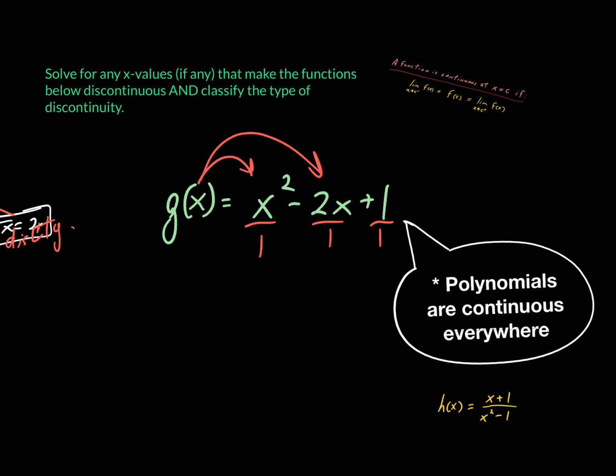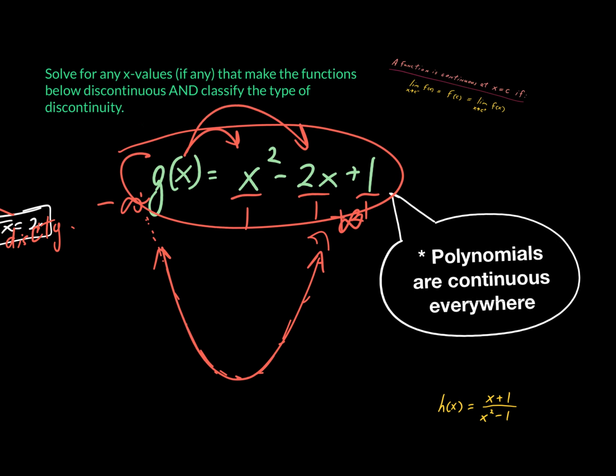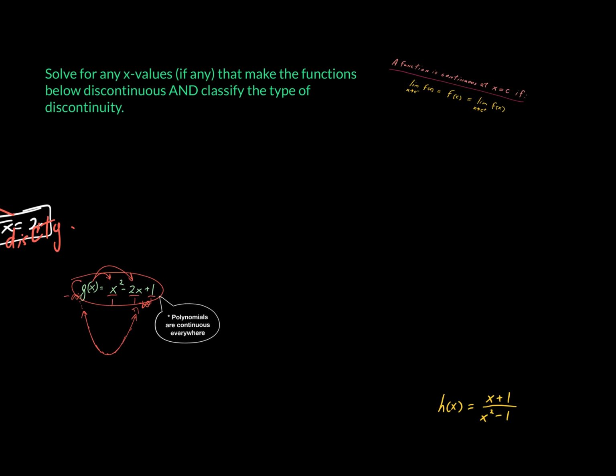This is nothing more than a parabola, and it's continuous at every single point from negative infinity to positive infinity. So whenever you see a polynomial, nothing's going to make it discontinuous. Use this fact. Polynomials are continuous everywhere. That's going to come up again.